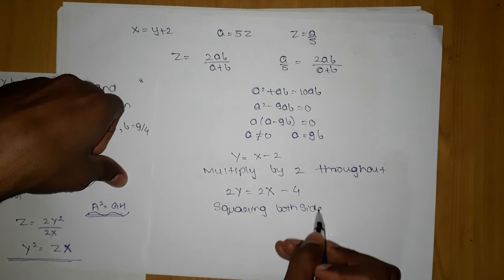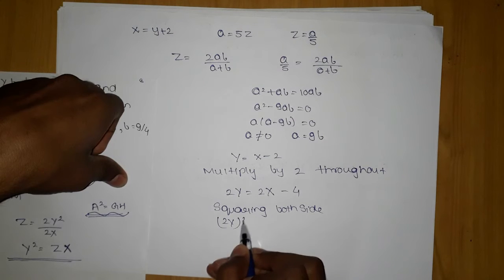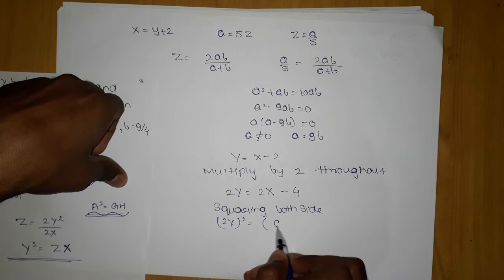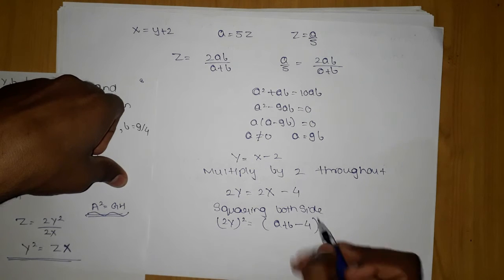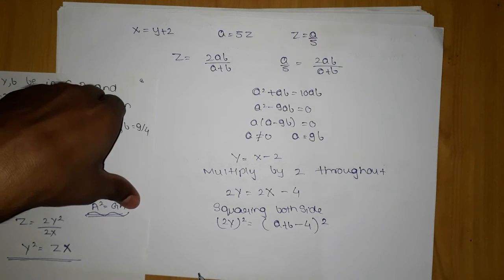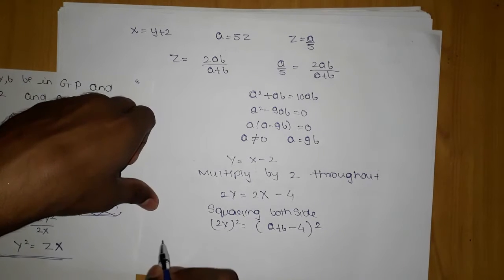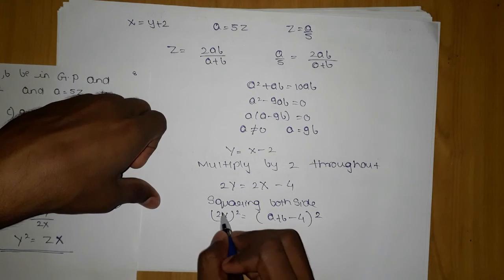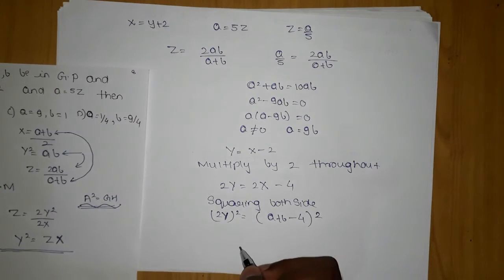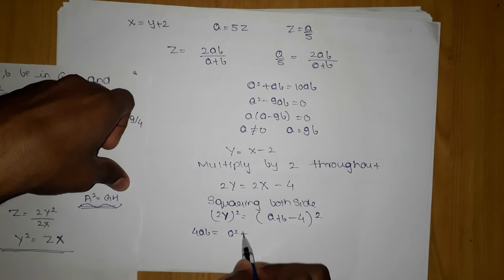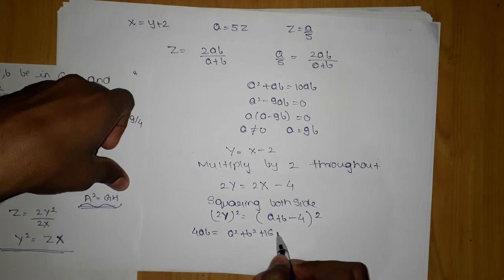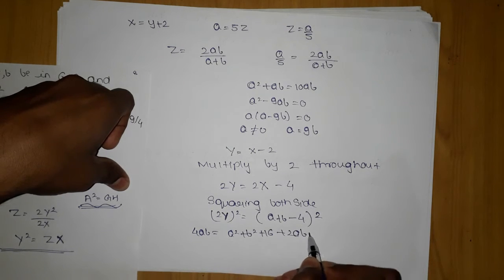If I do this manipulation, what I will get is 2y the whole square equals 2x, which I will replace, plus a plus b minus 4, the whole square. After opening this, if you remember, y squared was ab, so we can replace it with that, which will give us 4ab equal to a square plus b square plus 16 plus 2ab minus 8a minus 8b.